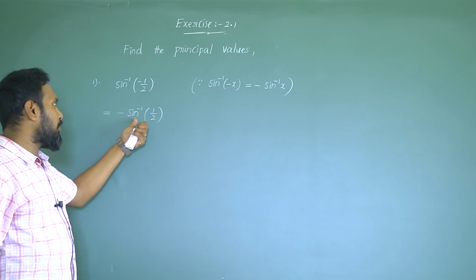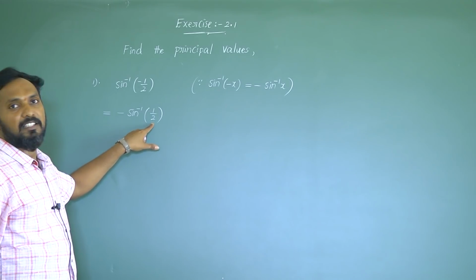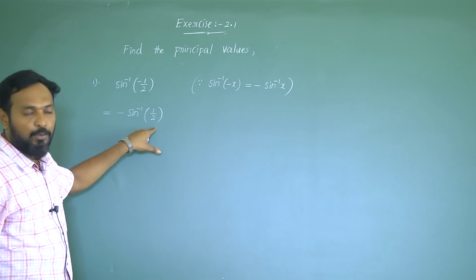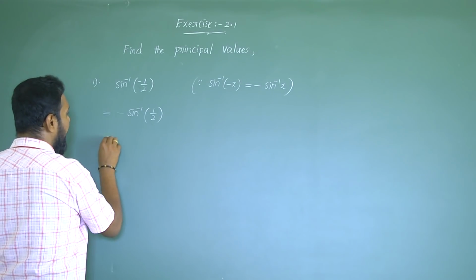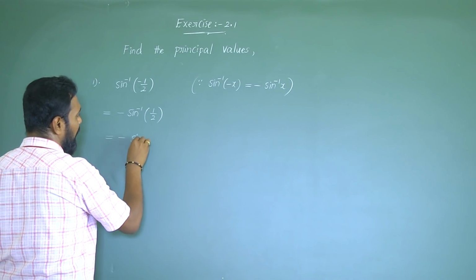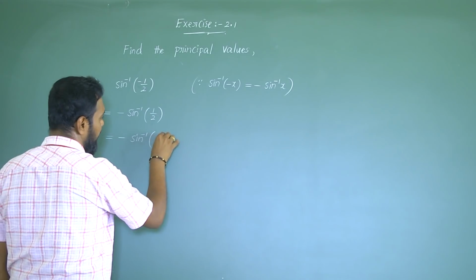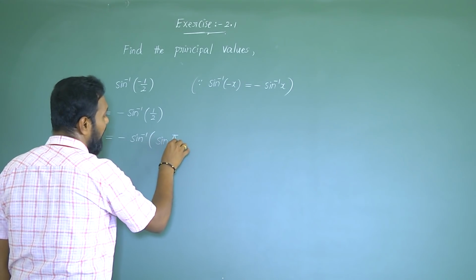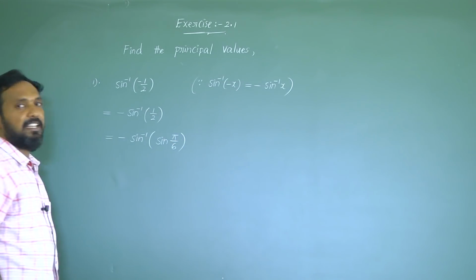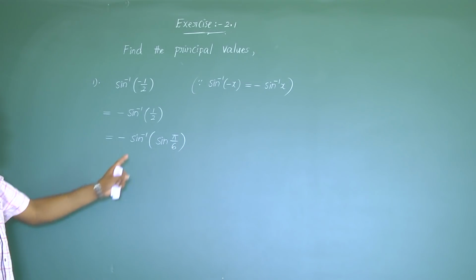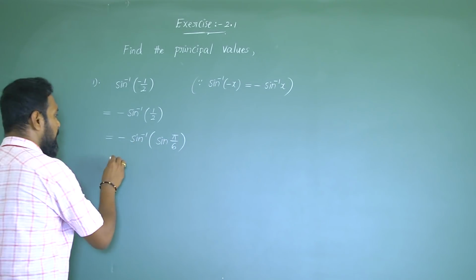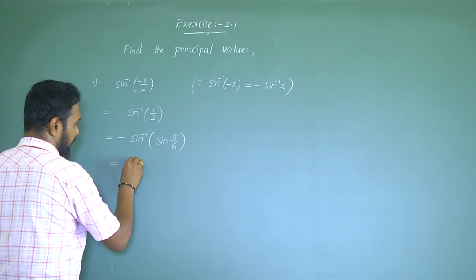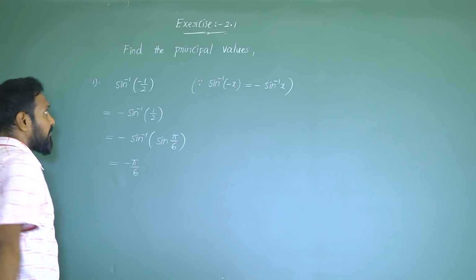As the outside function is sine inverse, I have to convert the inside also in terms of sine function. How can I write 1 by 2 in terms of sine function? Sine 30 degrees or pi by 6 radians. Sine inverse of sine x equals x, so that it is minus pi by 6.